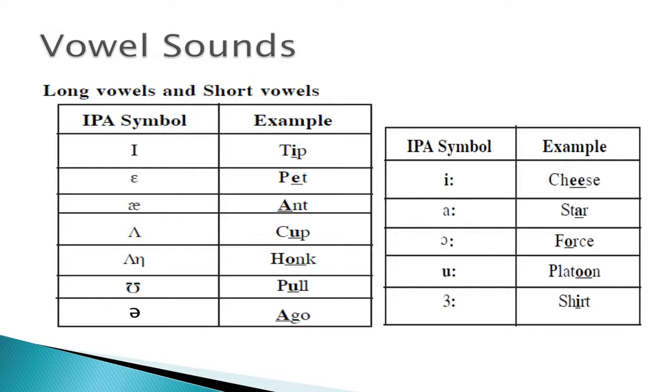Then let's go on to the next, that is oo as in platoon, boon, shoe, blue, true. The next sound is again an elongated sound, and here again the R is not really pronounced very prominently.